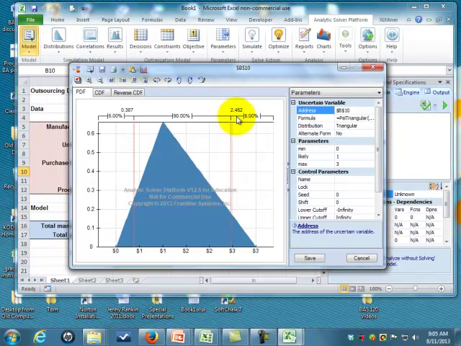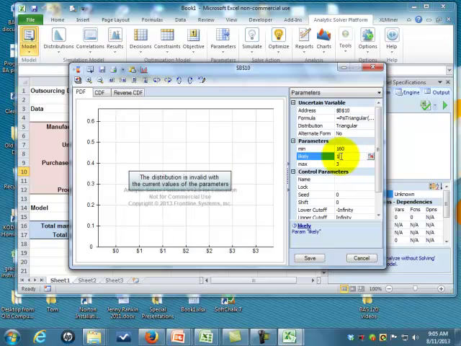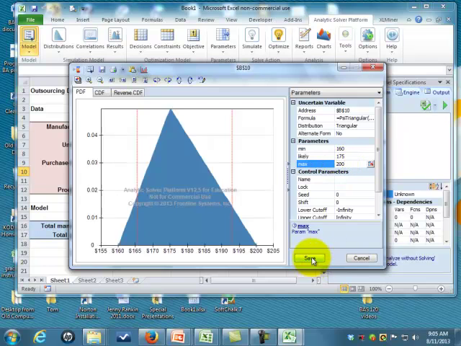Now notice what's going to pop up. Let's say the best, we might get them to come down to $160 per unit. Remember, we're forecasting unit costs. Our most likely scenario is the 175 that we had in there. But they might be especially tough in negotiations. It might be as high as 200. And we just hit save.